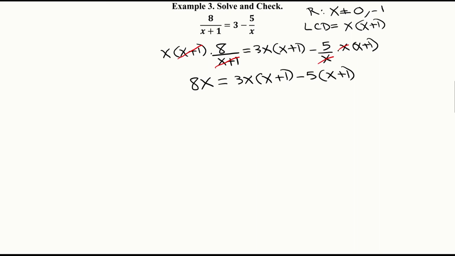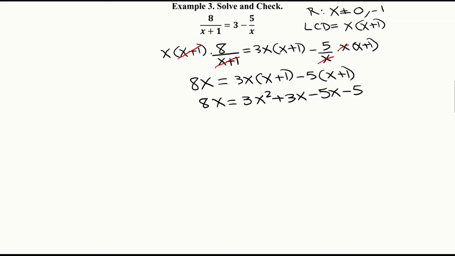Good habits in mathematics save you points and save you the hassle of having to redo problems. All right, so here we get 8x is equal to 3x squared plus 3x minus, now we're going to distribute the negative 5, so minus 5x minus 5, watching the signs.